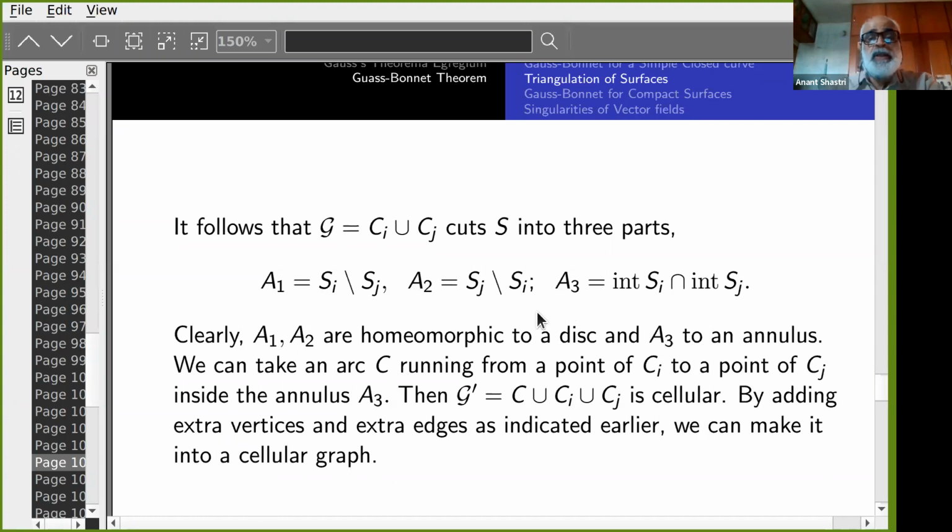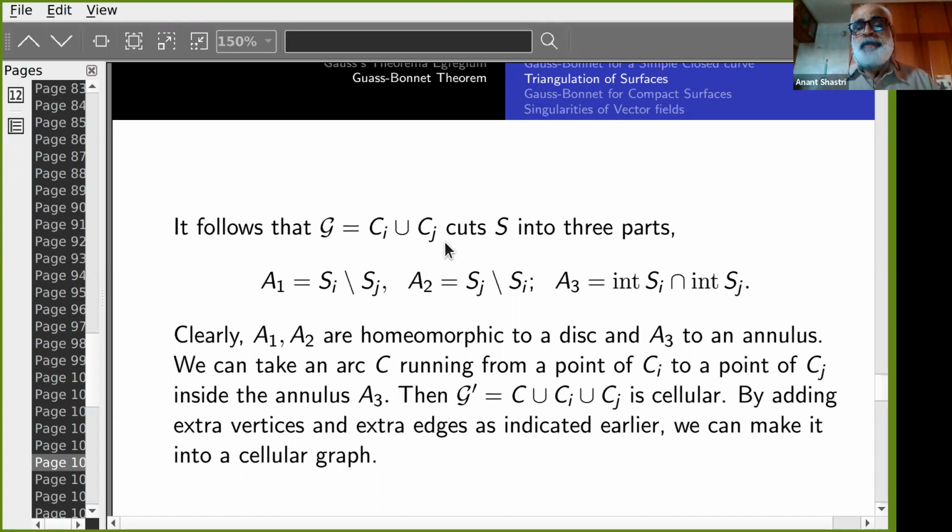This is an easy consequence of the Jordan curve theorem, because each Si is a copy of D2 under some homeomorphism. So A1, A2, and A3. There are three portions. The union of all these along with Si, Ci, and Cj will make the whole of the surface.